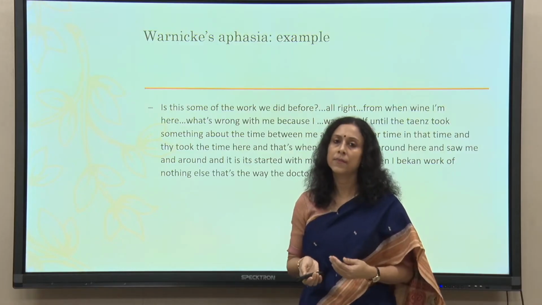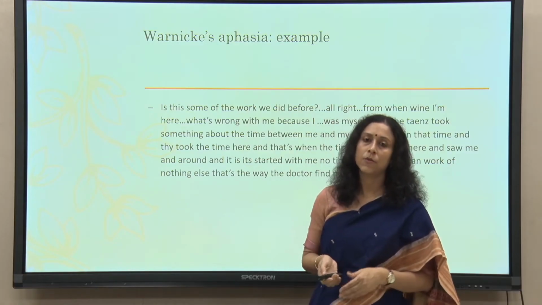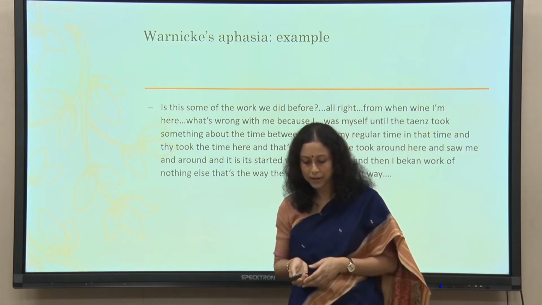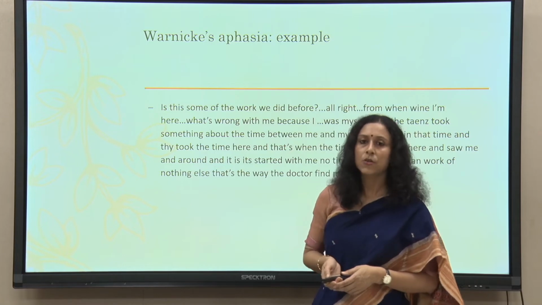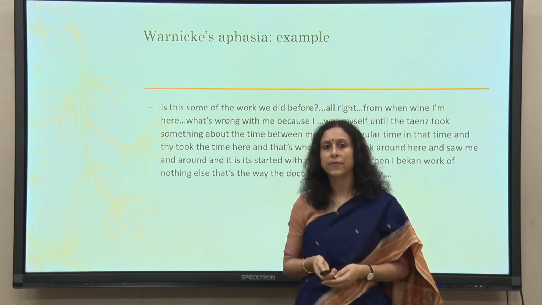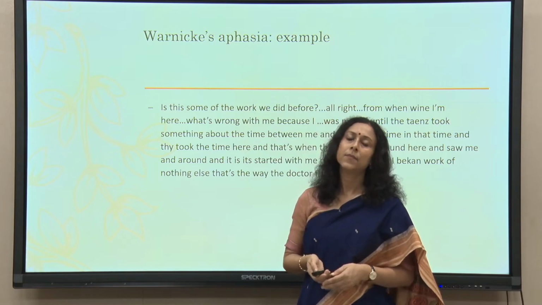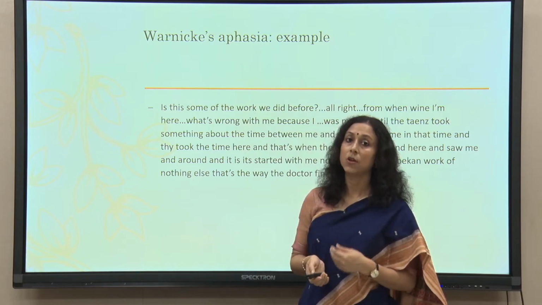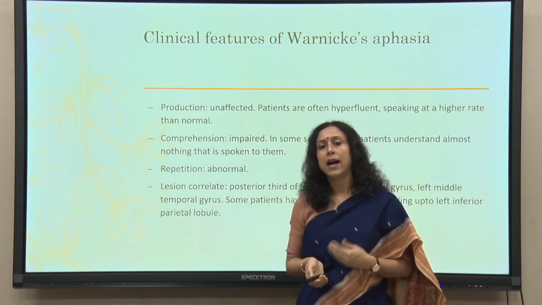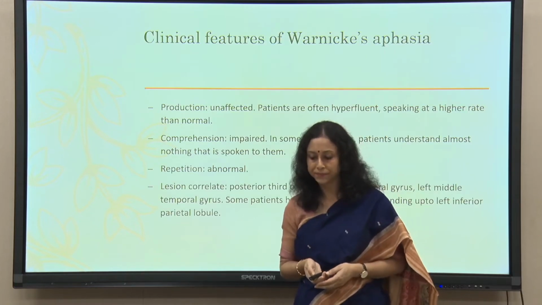This is yet another very well studied type of aphasia, Wernicke's aphasia, and this is one example that we have already seen. Wernicke's aphasia, as opposed to Broca's aphasia, is a fluent aphasia, which means that the production of language is not affected; rather it is often marked as very hyperfluent aphasia.